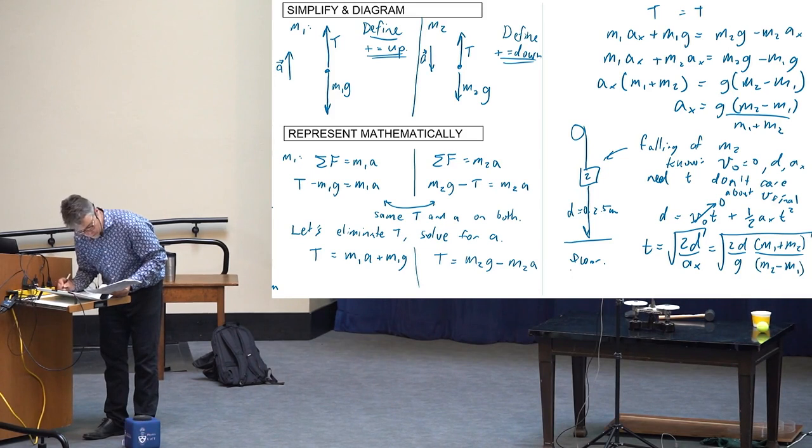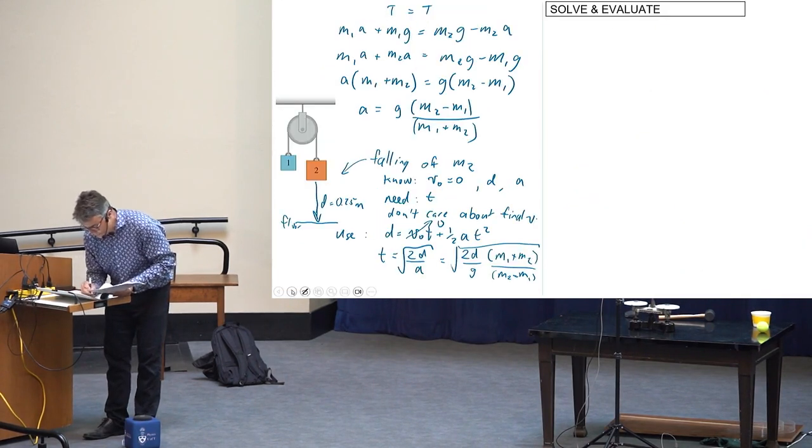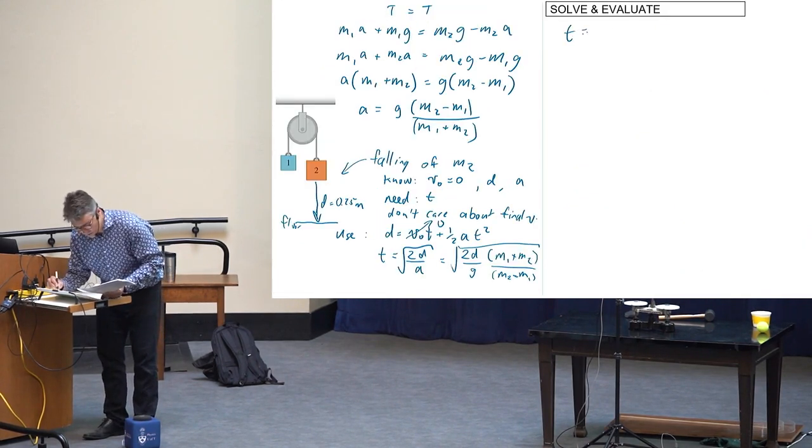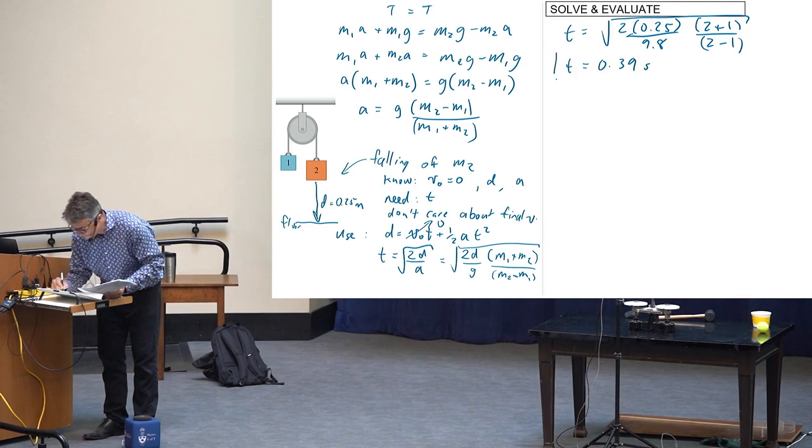Plugging in the numbers, t is equal to the square root of 2 times 0.25 meters divided by 9.8 times 2 plus 1 divided by 2 minus 1, all in SI units. Plugging that into my calculator, I got 0.39 seconds.